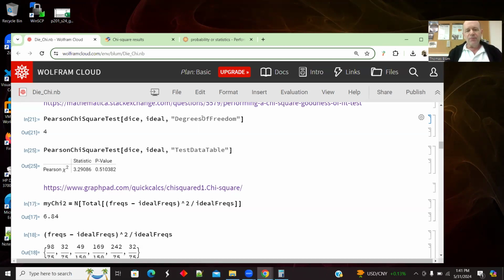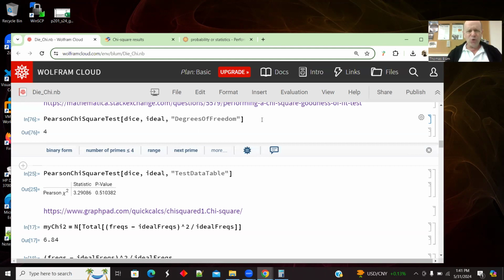And then you can ask for things. So I asked for the degrees of freedom, and it told me 4. So that already makes me scratch my head. Again, I don't know what it's doing behind the scenes, but my point here is that it's not what I want. First, it's not what I want because I was thinking I was working with frequencies.